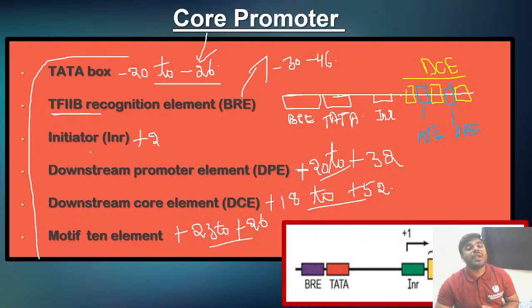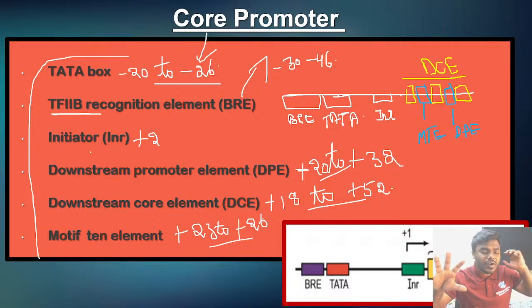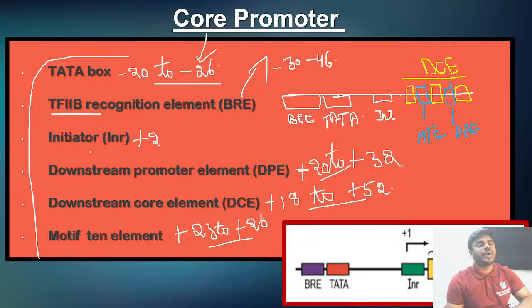Because we are very complex organisms. And listen everyone, the interesting statement: along with the RNA polymerase enzyme, we have many transcription factors. Now friends, all those transcription factors have to come and associate with these promoters. So that's why we have many core promoters.